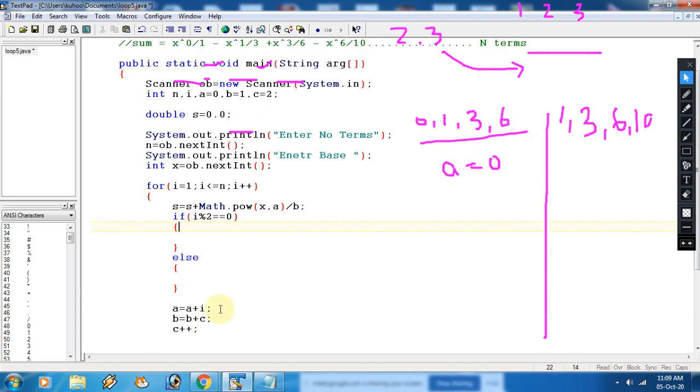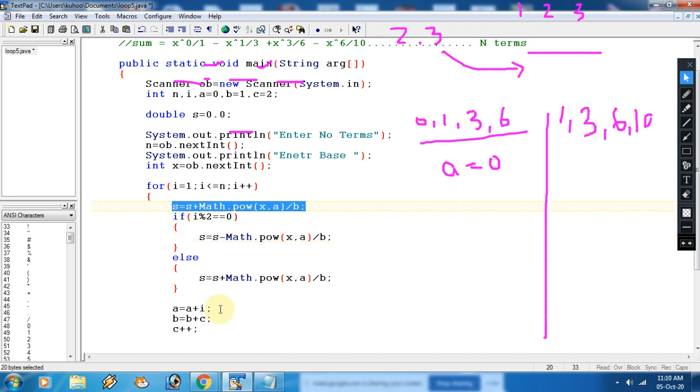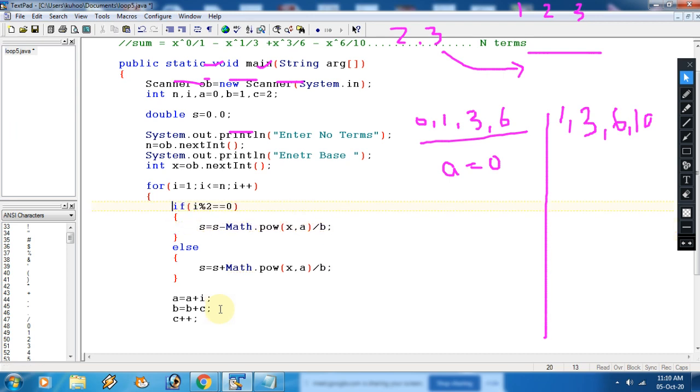First time the value of I is 1, so else will execute. So in the else, what are you going to do? You are going to add the particular term. So for that we will write this much only. And now in this case we will write S equals S minus, and now we are removing this part from here.